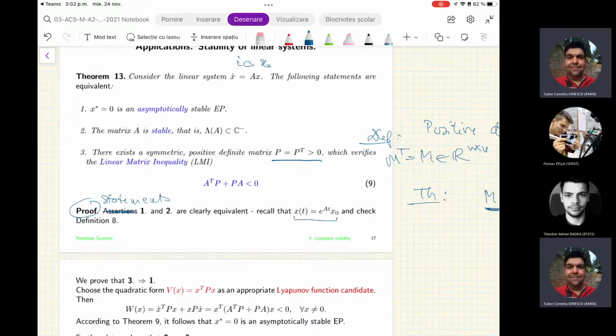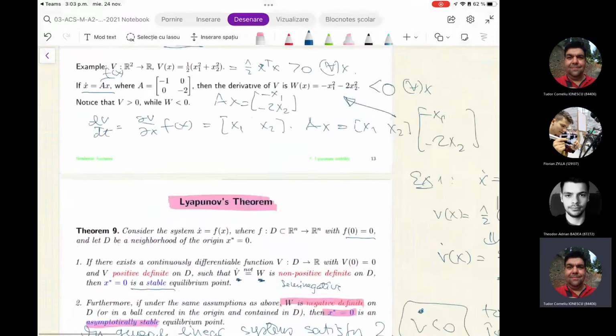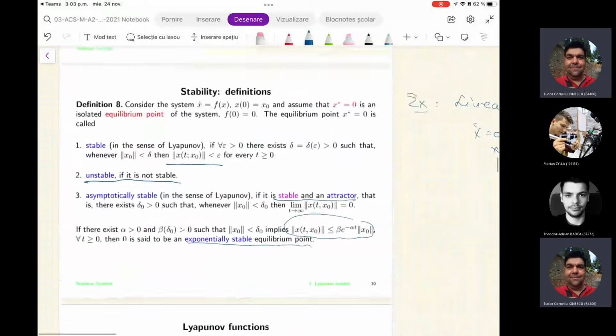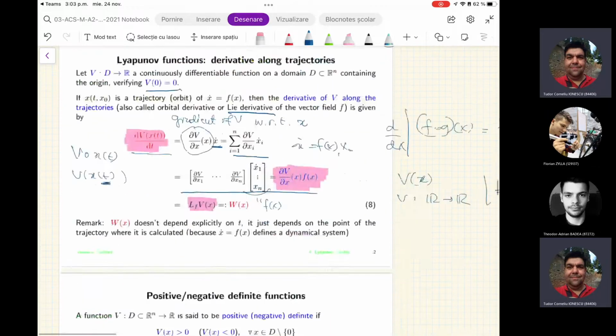We know that the solution of this equation, using separation of variables, is exponential of At times x0. And check definition 8. Oh, this is definition 8. So you can prove that using this definition.